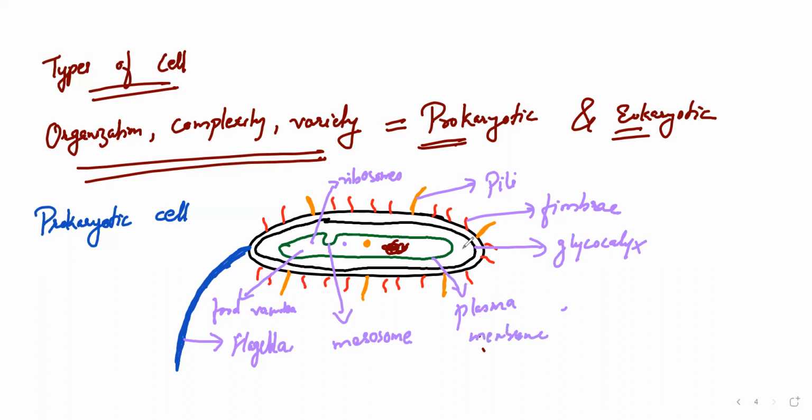And here, this is the cell wall. Plus a liquid-like substance present inside the cell called cytoplasm. So these are the few things present in prokaryotes. Apart from this, extra things will be present in the eukaryotic cell. Based on this, we are going to see the characteristics of the prokaryotic cell.